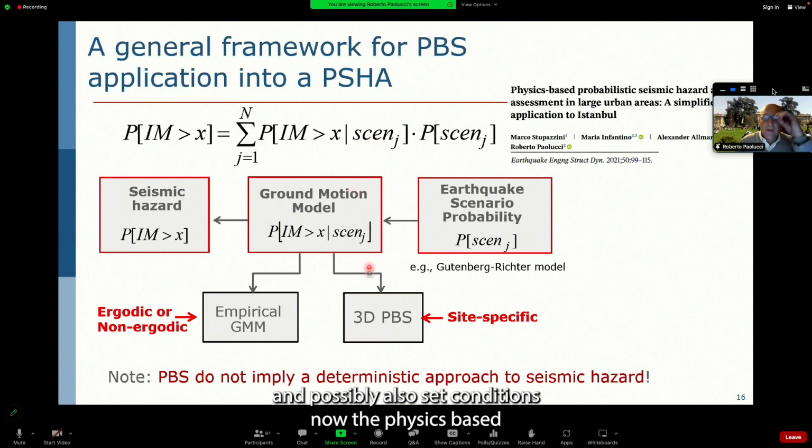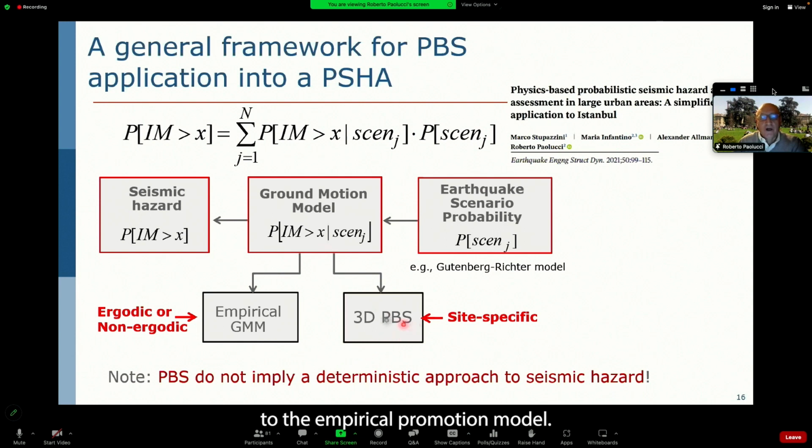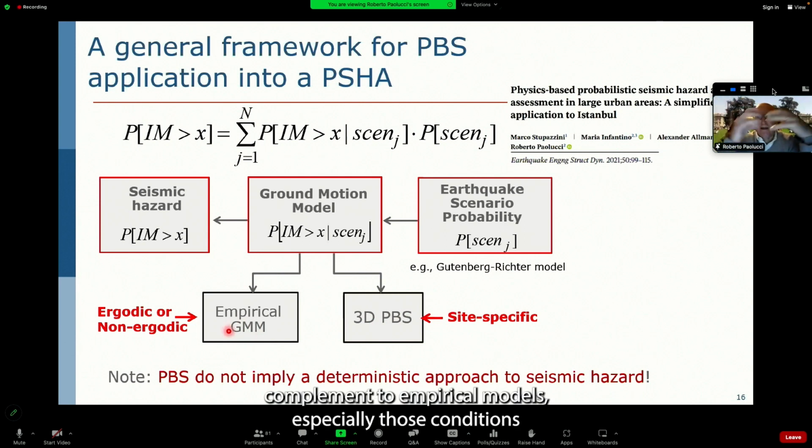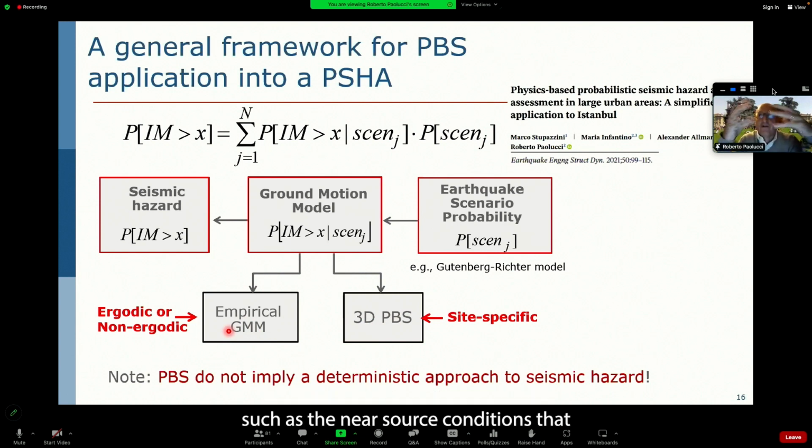Now, the physics-based simulations can be used as an alternative to the empirical ground motion model, so we will have ground motion models that are site or area specific based on the PBS. Or they may also be used as a hybrid complement to empirical models, especially for conditions such as the near-source conditions that Dave was referring to in his previous presentation.